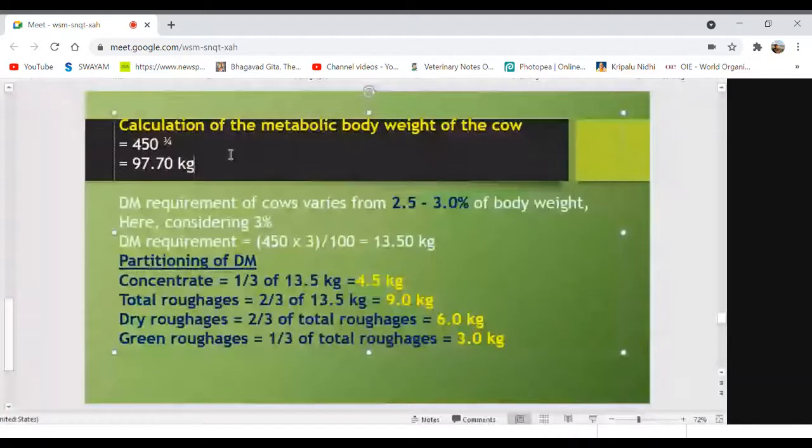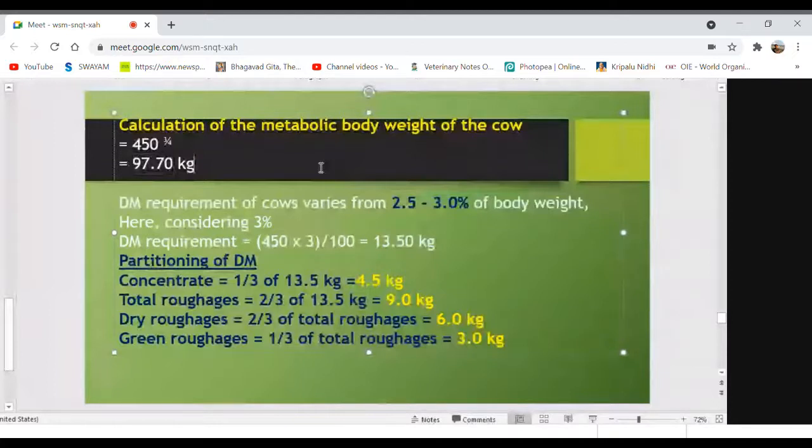That value you have to square root twice, then you will get this value. That will be the metabolic body weight of the cow. I do not have the square root sign available, therefore I am not showing it.